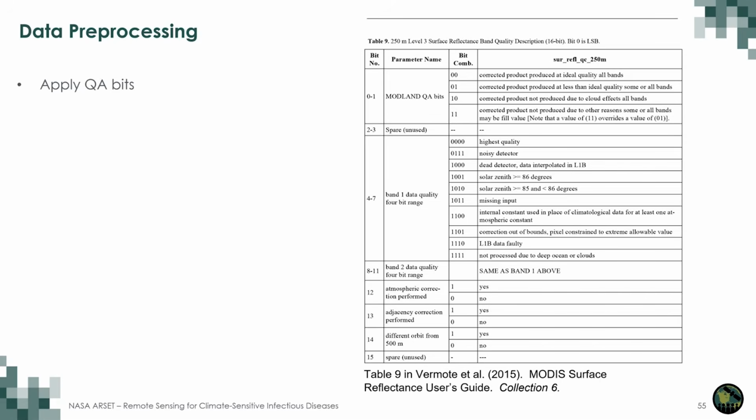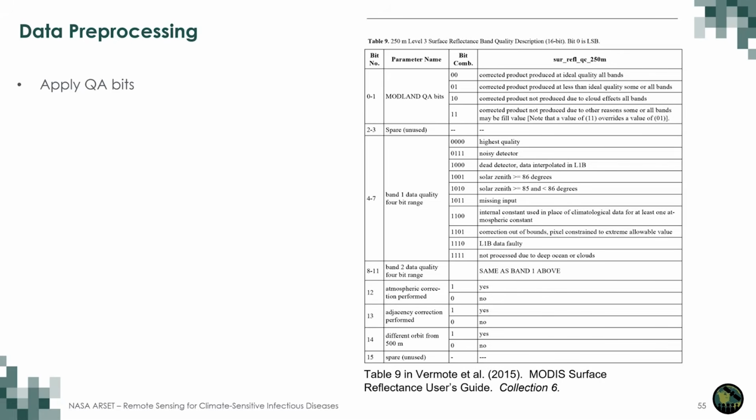If you just grab the MODIS data set and look at it, every single pixel will have a value. But without applying quality bits, you don't know whether that value is actually robust or it's almost like my best imagination of what could have been there instead of really meaningful information.